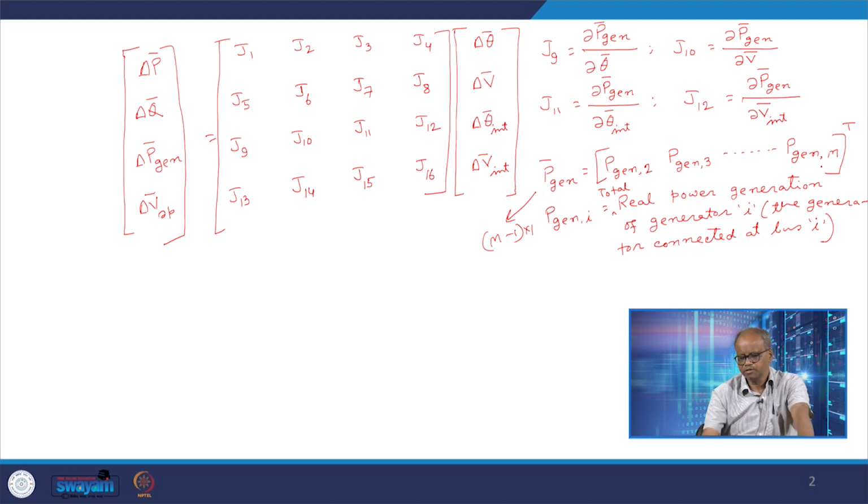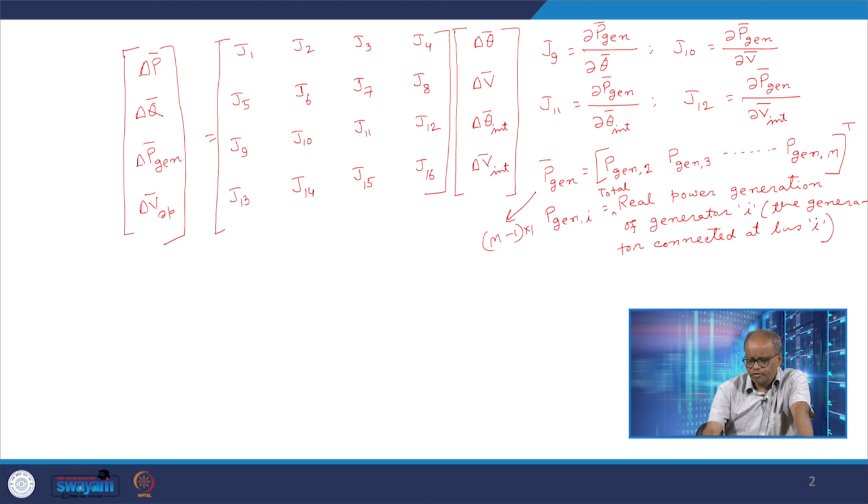That is obvious because there are m minus 1 entries. Why is P gen 1 not there? Because we said that there would be one generator acting as a slack bus. So for that particular slack bus we really cannot pre-specify the total real power generation unless we solve the load flow program.